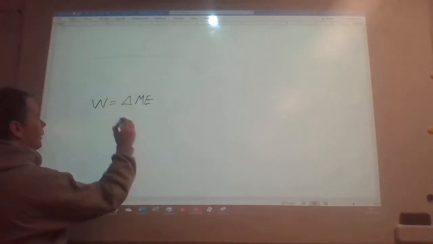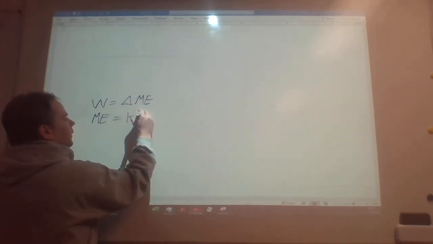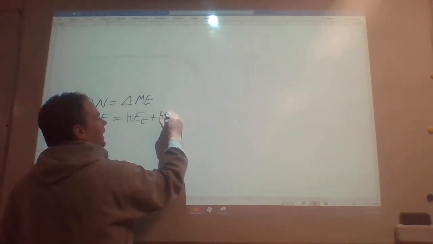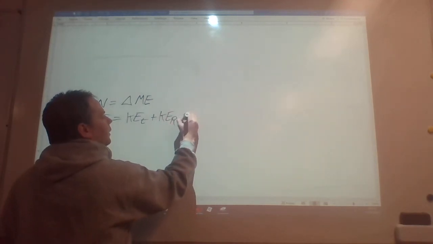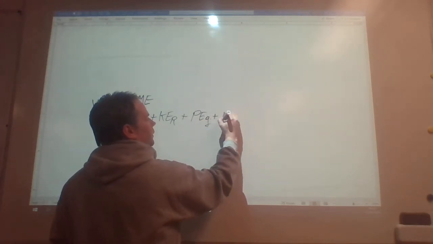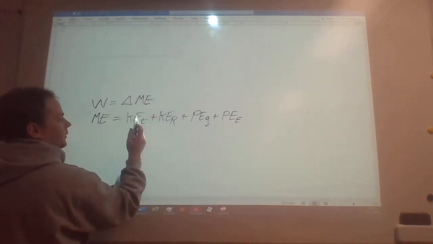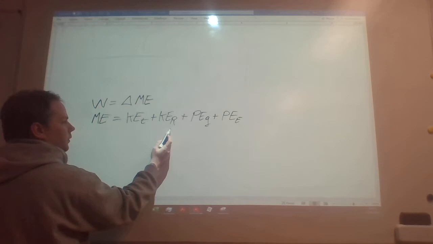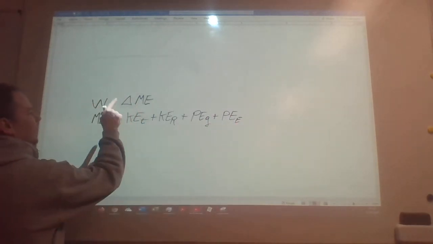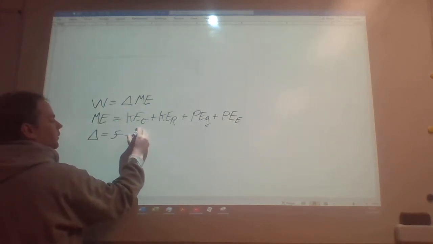Now remember, mechanical energy is equal to KET plus KER plus PEG plus PEE, or the sum of translational and rotational kinetic energy and gravitational and elastic potential energy. And change in means final minus initial.